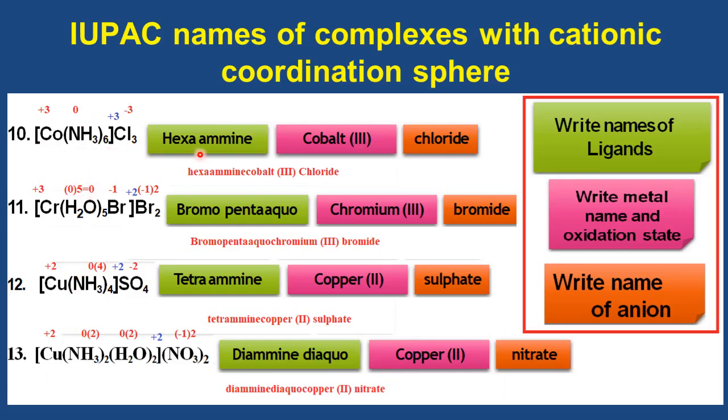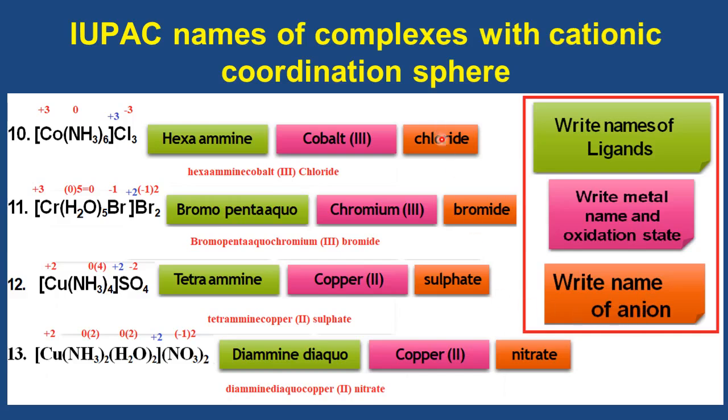We have to write the name of the ligands first from the coordination sphere, then we have to write the name of the metal atom followed by its oxidation state, and after that we have to write the name of the anion, which in this case is going to be the simple ion because our coordination sphere is cationic. So students, over here you can see the coordination sphere.